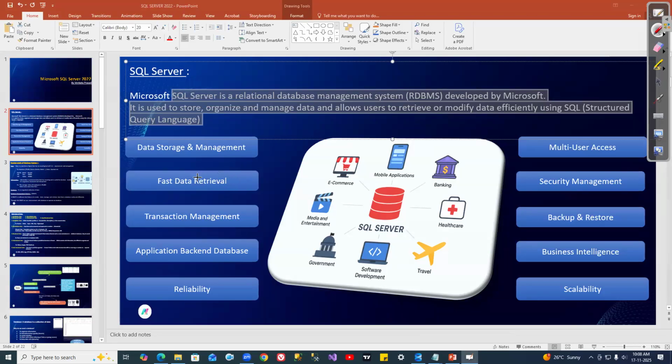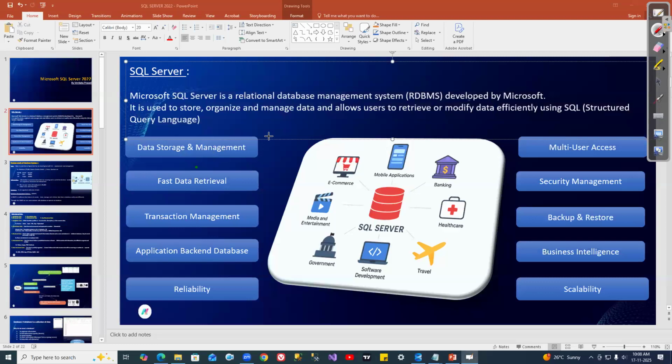The first one is data storage and management. Instead of keeping data in Excel or text files, SQL Server allows you to store data in tables which are structured and easy to manage.